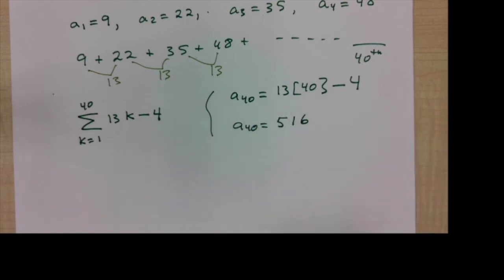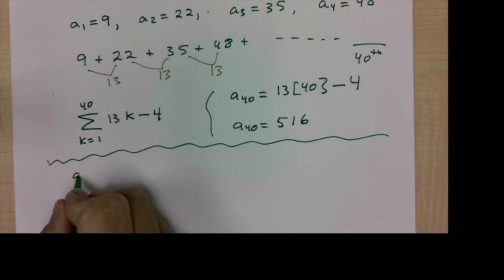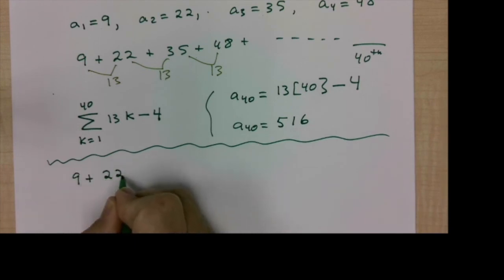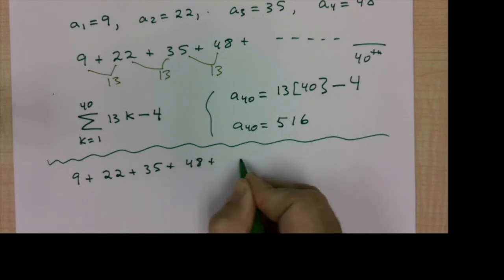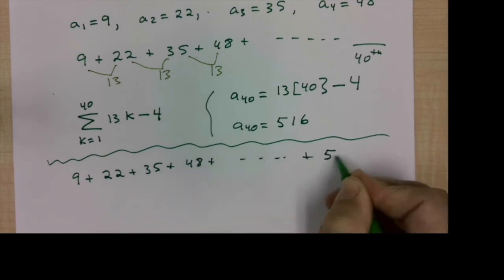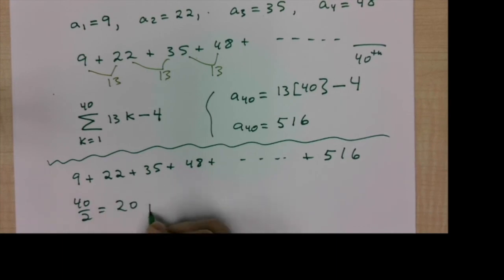So now we know we have 40 numbers in our list, and we know it ends at 516. So right now we are at 9 plus 22 plus 35 plus 48 plus dot dot dot plus 516. Now there's 40 numbers in our list, so I have 40 divided by 2, which equals 20 pairs.